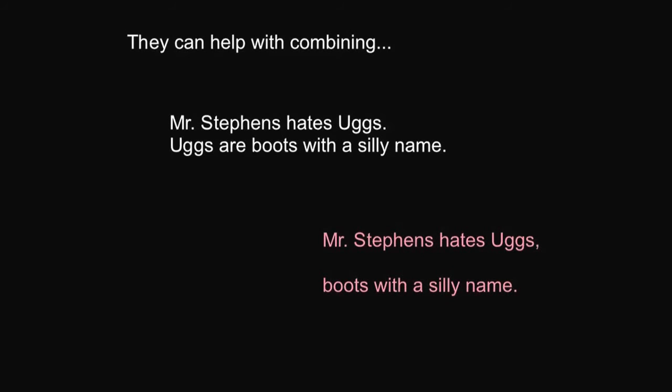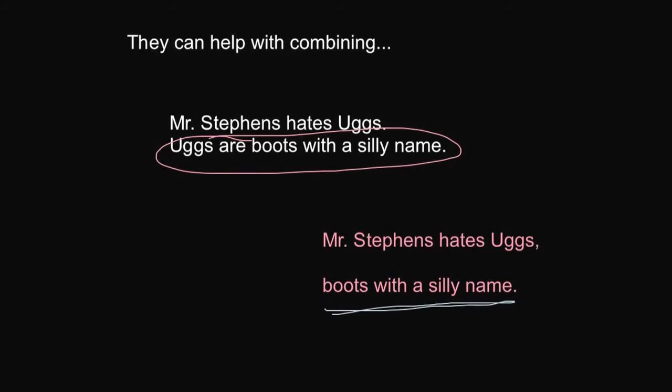So I've taken this sentence here, right? And I've made it into an appositive phrase. So now, boots with a silly name is my appositive because this is the noun that's renaming, right? The boots itself is the appositive. And these are modifiers over here. And then I have Uggs, which is the noun that's being renamed.